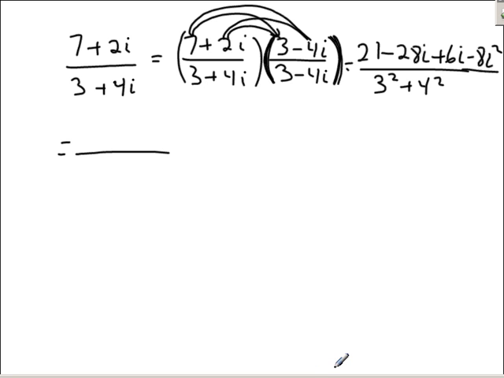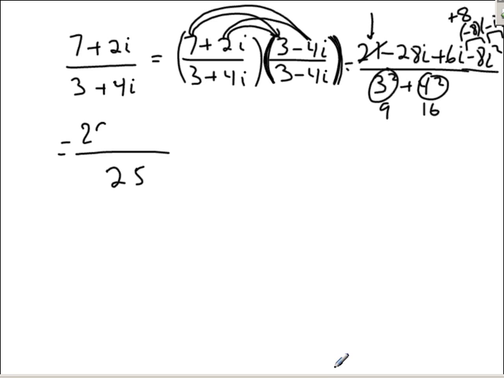3 squared plus 4 squared is 9 plus 16, or 25. And for the real number, remember this is negative 8 times negative 1, which is positive 8. 21 plus 8 is 29.